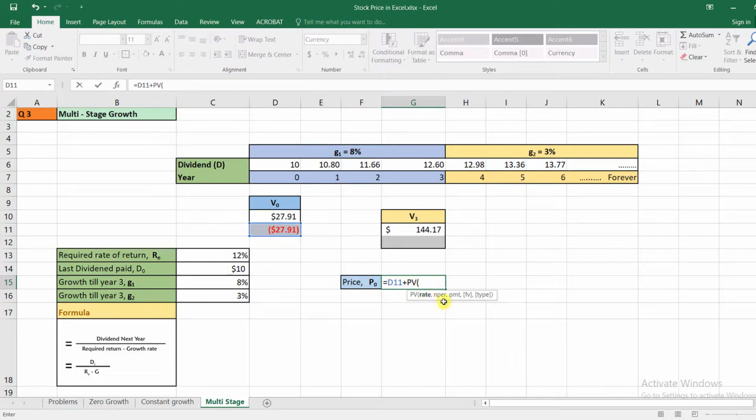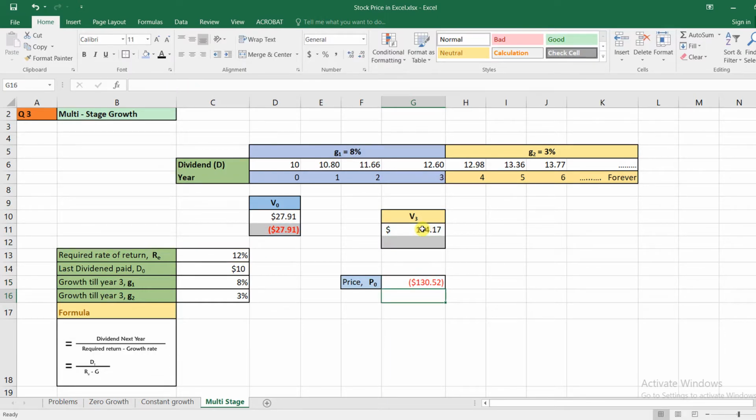This is the discount rate for this future value, so the rate is 12%. Press comma, number of periods is 3 years, so put 3, comma, payment is 0, press comma again, select the future value, and last one is an optional parameter. For now, just close the brackets and press enter.